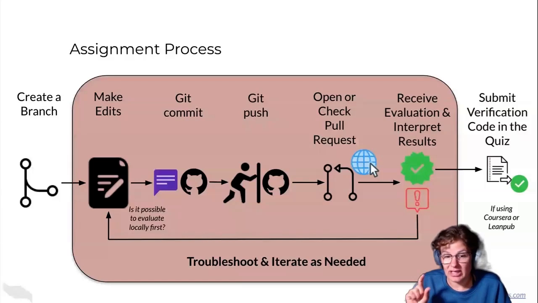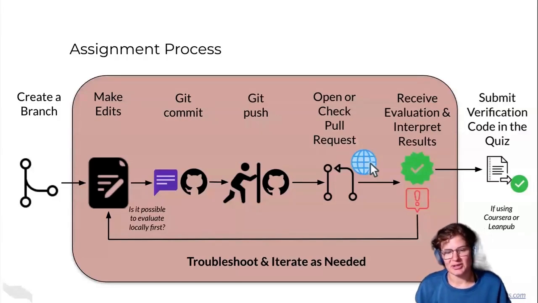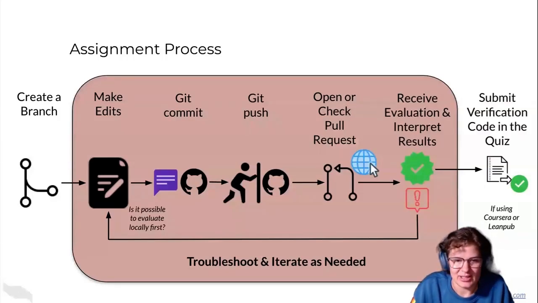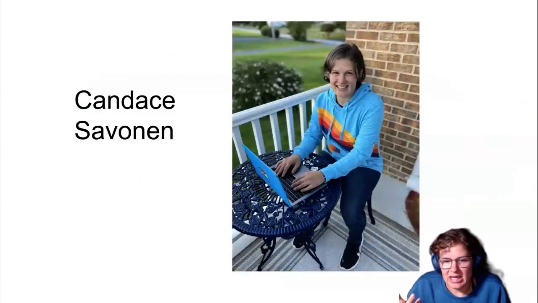Then you want to copy that verification code and paste it into a quiz that's on Coursera or LeanPub. As you can see at the bottom there, it says troubleshoot and iterate as needed, because that is what development often looks like. It's very rare that we build something on the first try and have it work. We're going to keep refining, keep iterating, keep polishing, and that is okay. That is encouraged.